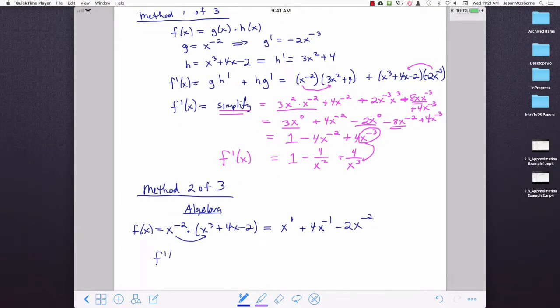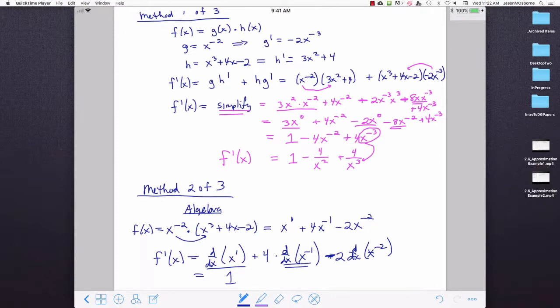And now the derivative of the function would have been just the derivative of x to the first plus 4 times the derivative of x to the negative 1 minus 2 times the derivative of x to the negative 2. In which case you would have gotten the derivative of x would have been 1. The derivative of x to the negative 1 is negative 4 over x squared.